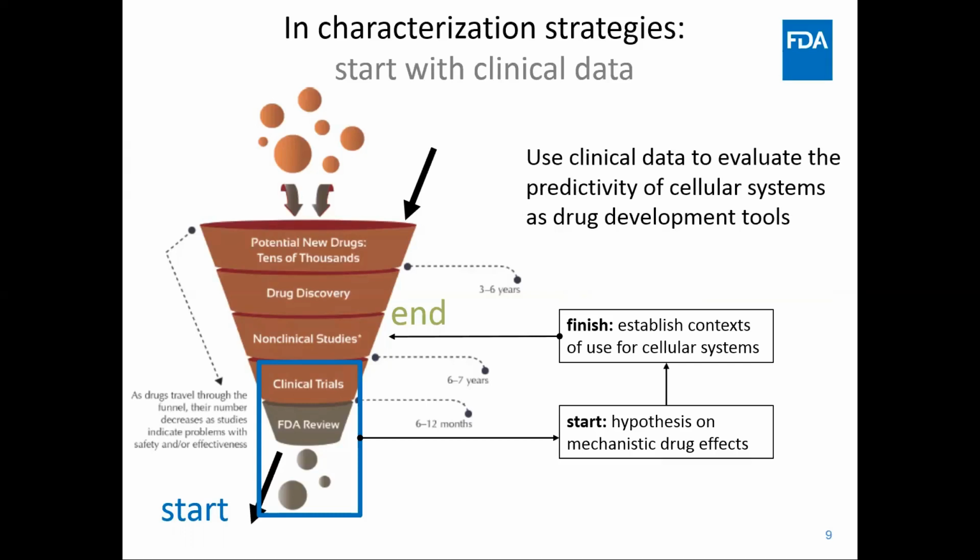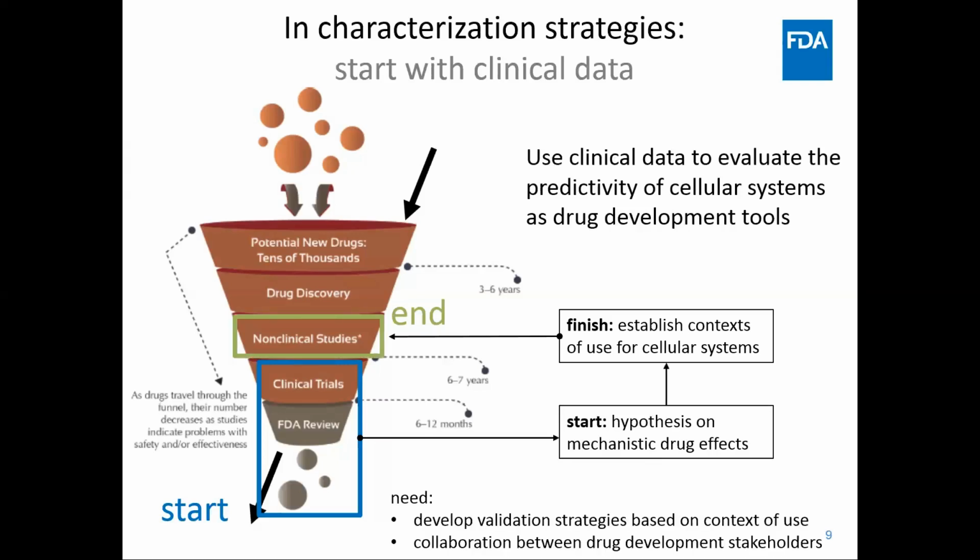Once these contexts of use are tested, it may be possible to later use these systems, which will be partially validated, or their context of use will be demonstrated, in drug development for specific applications.